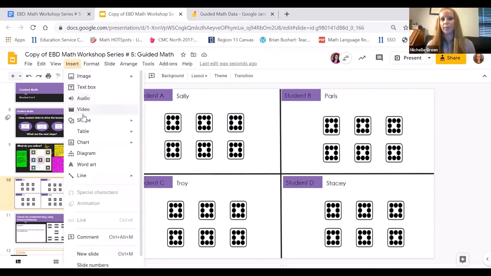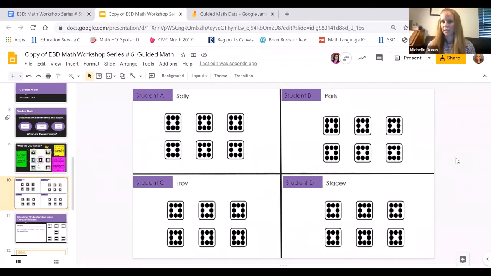You can insert text boxes, you can insert shapes, much like I was doing to annotate your thinking. I'm going to give you a couple minutes, and I want you to use that strategy that you saw Stacy do that you really liked. And I want you to practice using that strategy and see if you can come up with a solution to the new image that's on the screen.